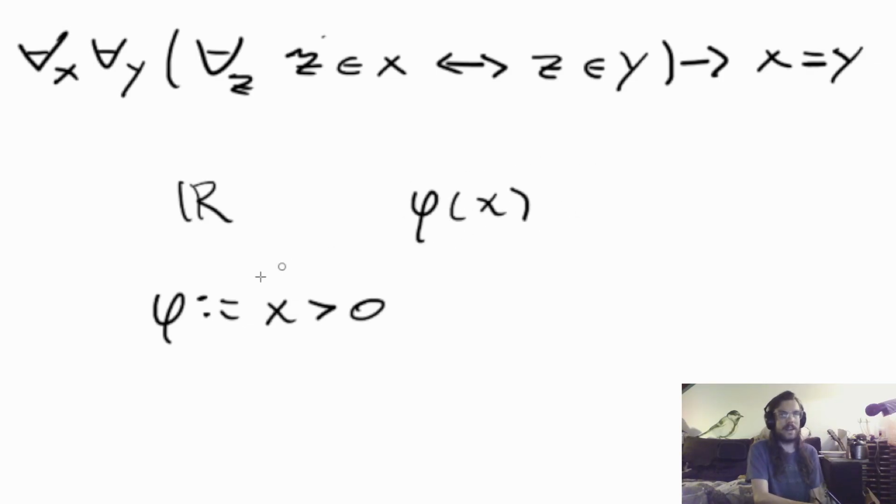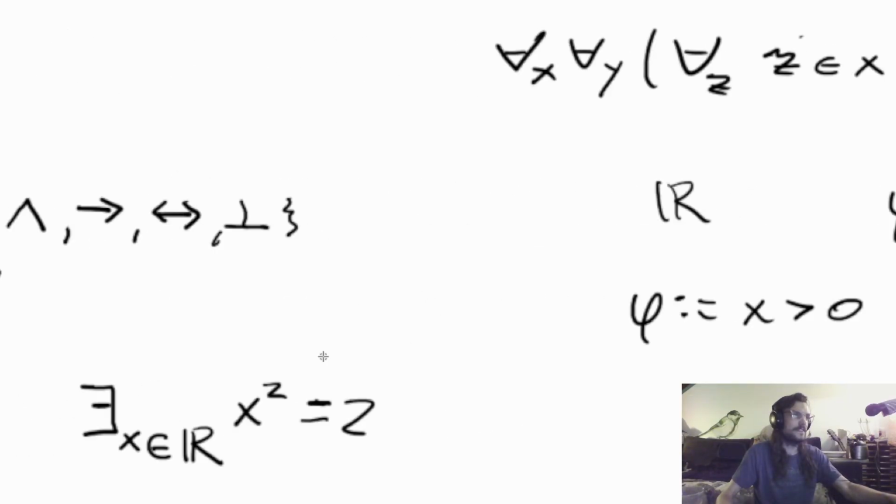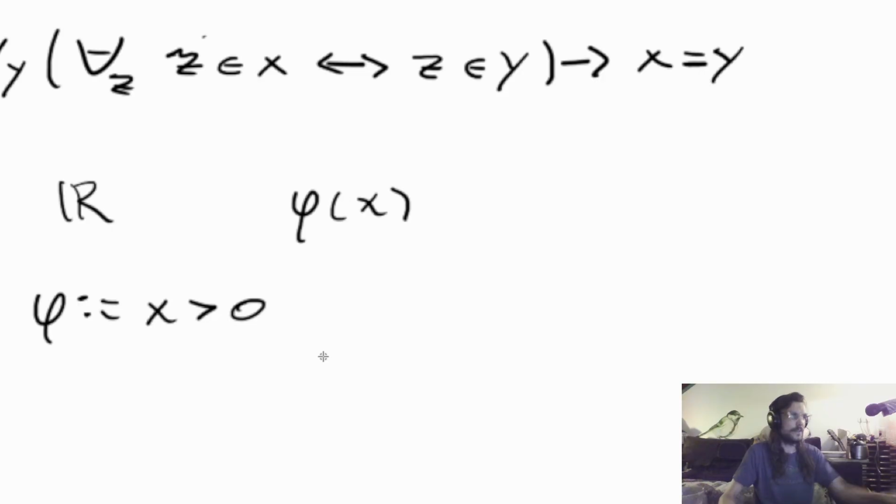A formula is a set of symbols that can take in some variables and return a true value. So you stitch some symbols together, symbols from the types of symbols that we discussed earlier, and it returns a true value. So phi could be, for instance, x is larger than 0.